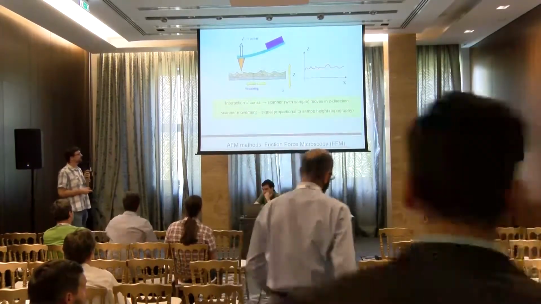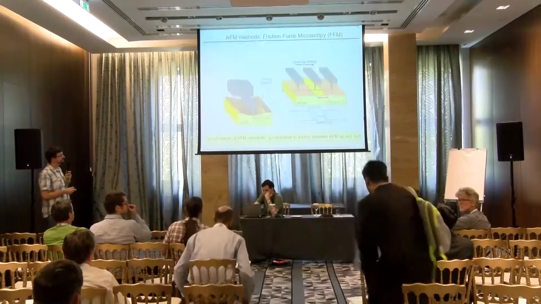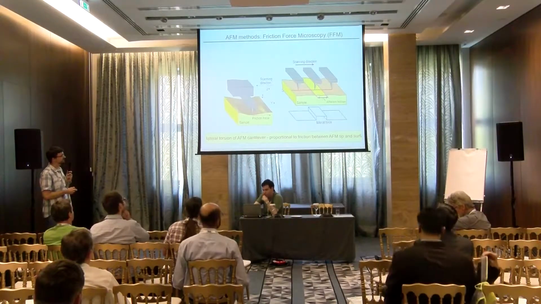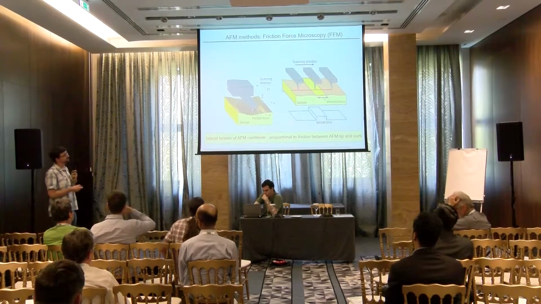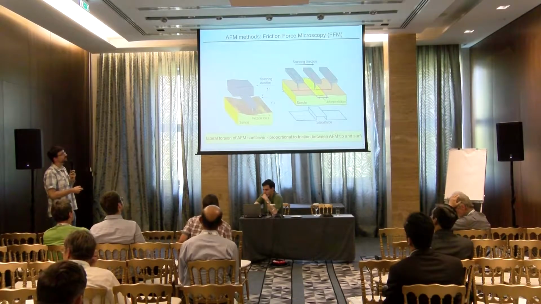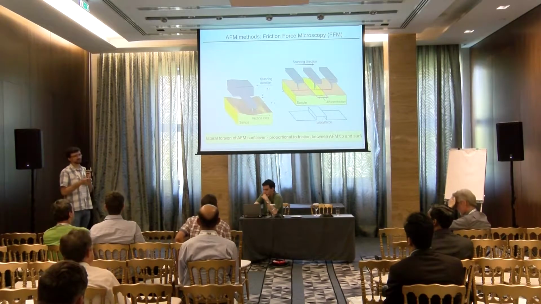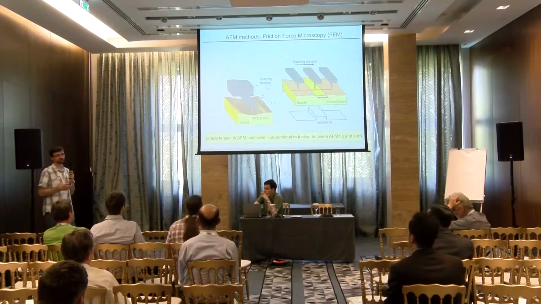In addition, during the imaging, obviously there is a friction force between the AFM tip and the sample, and this friction leads to lateral torsion of the whole cantilever. We can measure this torsion, and it is proportional to the lateral or friction force in our system.